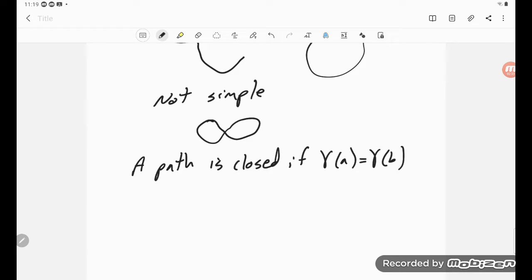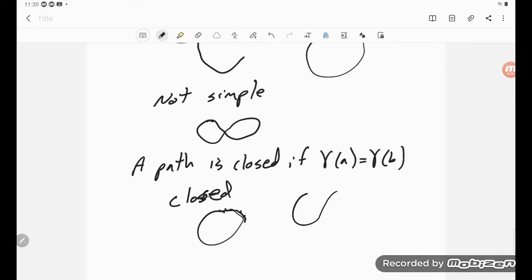In other words, closed could either be something like this, where it's a simple closed path, or it may not be simple.